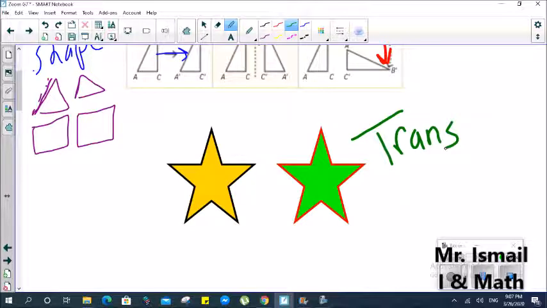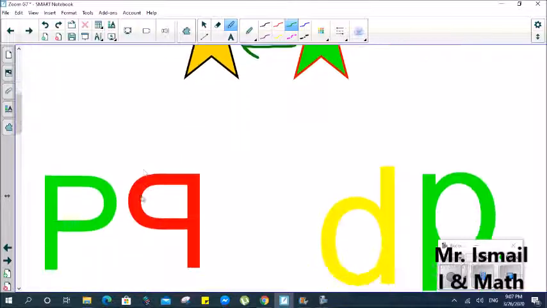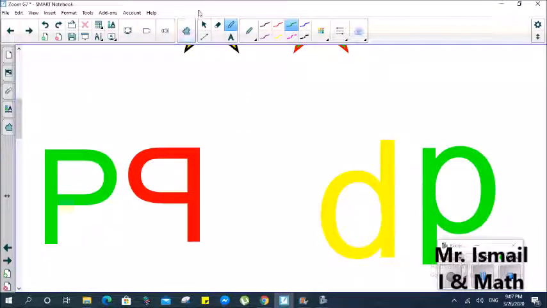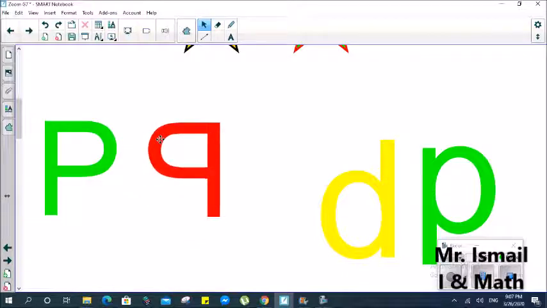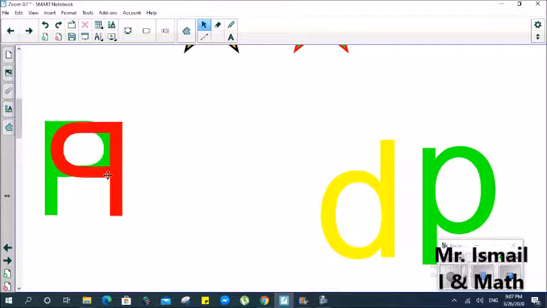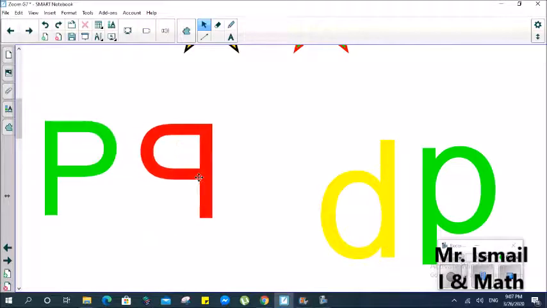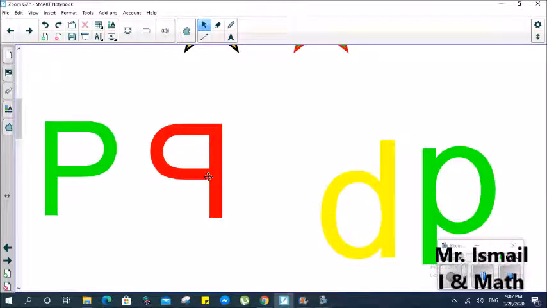Okay. Second one. I have here 2 letters, P and Q. If I move it, they are not matching, right? So here you have what? Reflection or rotation.